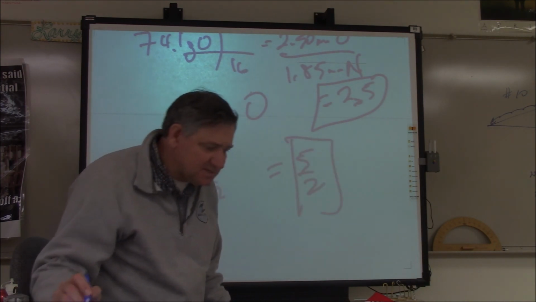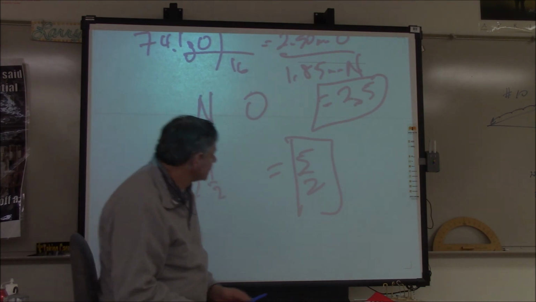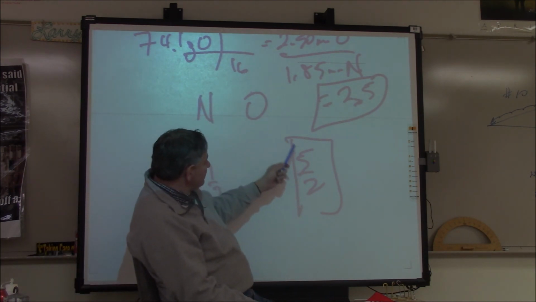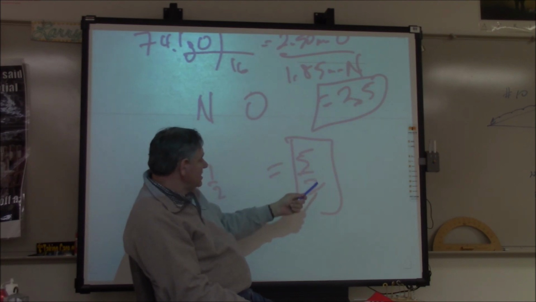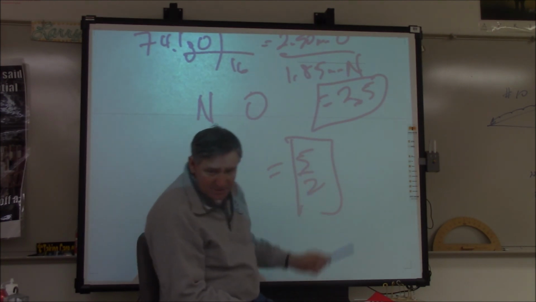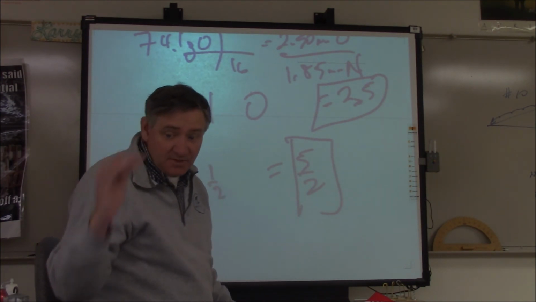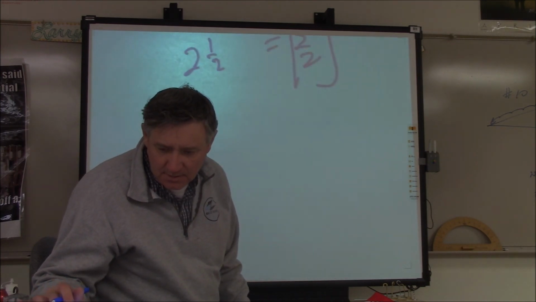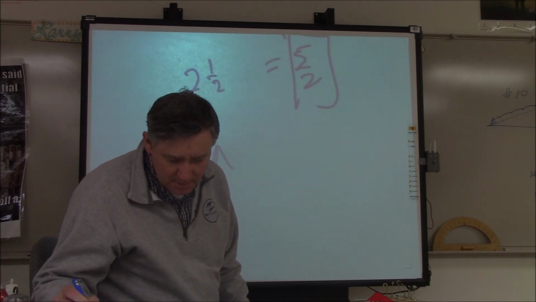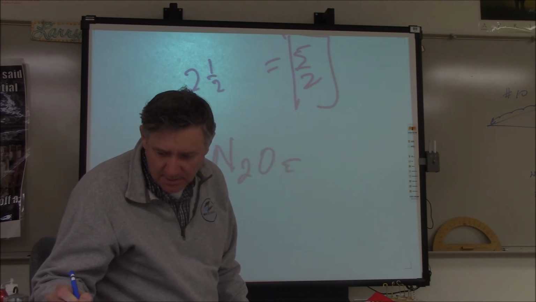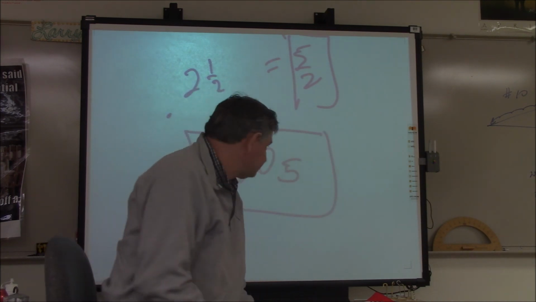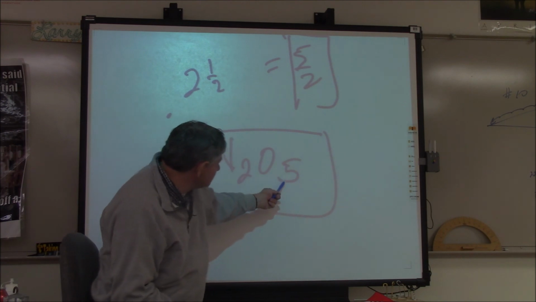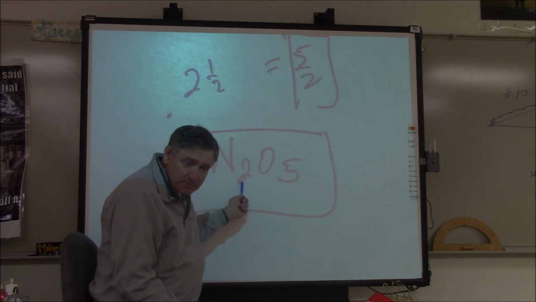If you change that to an improper fraction, now this says that I have 5 moles of oxygen to 2 moles of nitrogen. So now, if I look at it that way, this formula becomes N2O5, because I got 5 moles of oxygen to 2 moles of nitrogen.